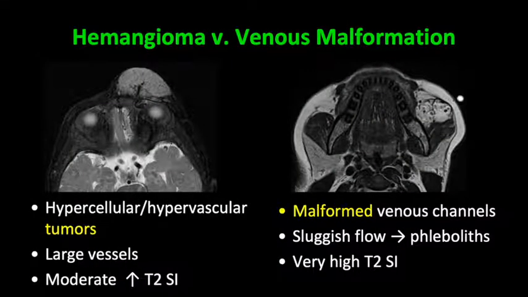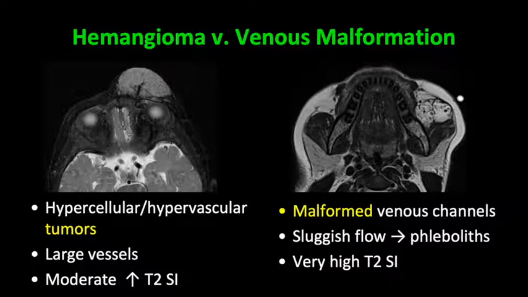Let's take a moment to review the differences between hemangiomas and venous malformations, because that's probably the most commonly misconstrued diagnosis. Remember that hemangiomas, as in the left-sided image, are hypercellular and hypervascular tumors. They have large internal vessels during the proliferative phase, which is when we image them most commonly, and only moderate T2 hyperintensity.